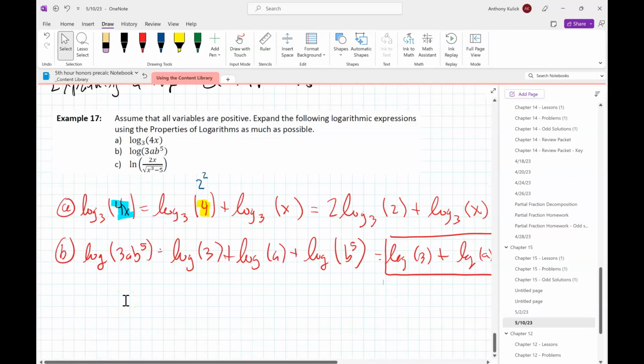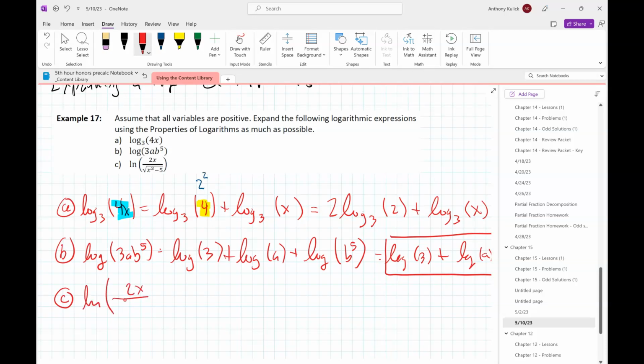Feel okay still? Last one. Okay. Quotient. Yes.